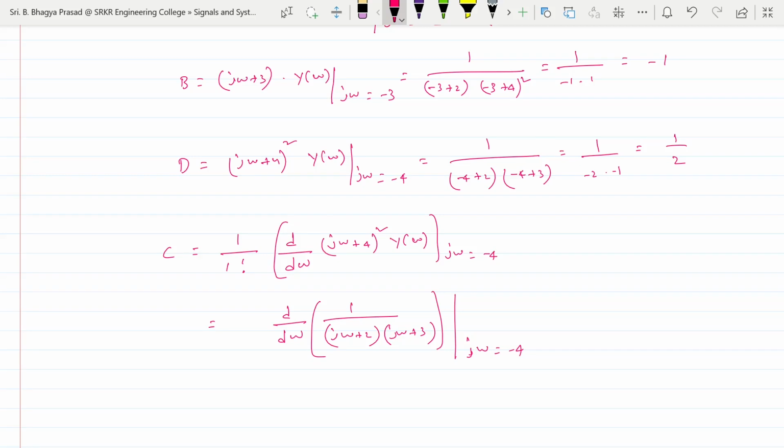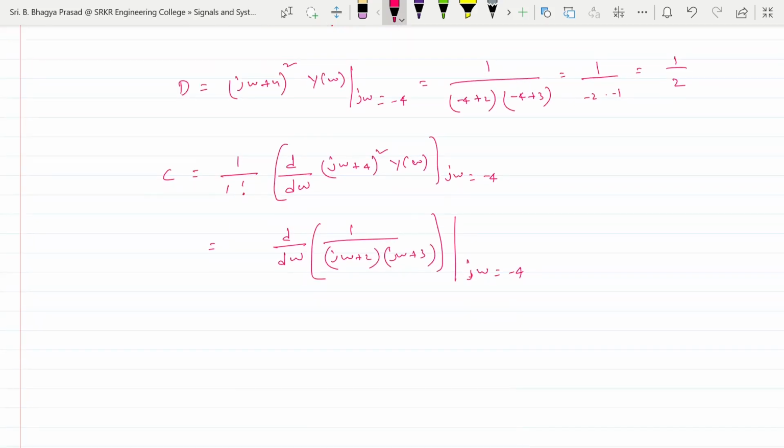So simply go for this differentiation and you will get a value like j omega plus 2 j omega plus 3 whole square, or else let me multiply this one.